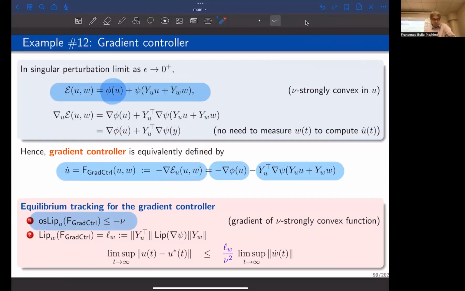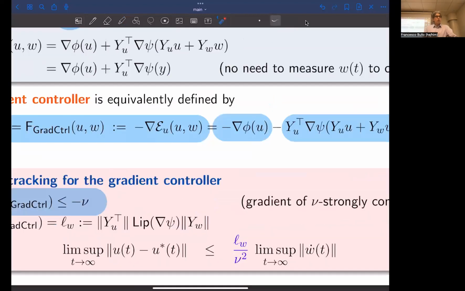And so, okay, you don't even need to roll up your sleeves. Come on, it's not that difficult. The W does not appear here. It appears only there. What is the Lipschitz constant of this? It's going to be the induced norm of that matrix multiplied together with the Lipschitz constant of this. So that's all there is to it. This is the Lipschitz constant with respect to W. It's the product of an induced norm, another induced norm, and the Lipschitz constant of the function, and that's it.